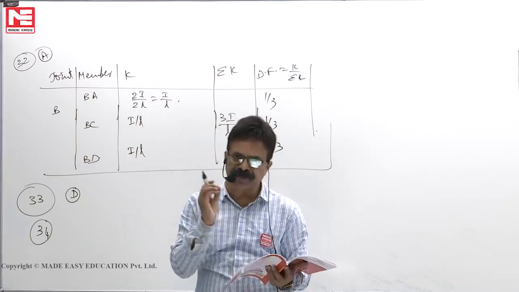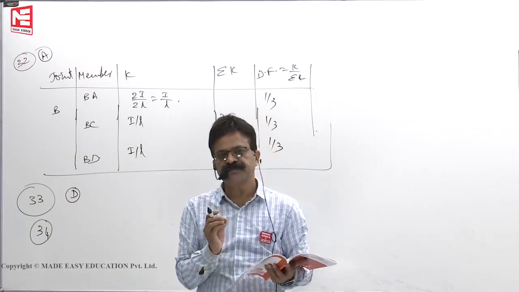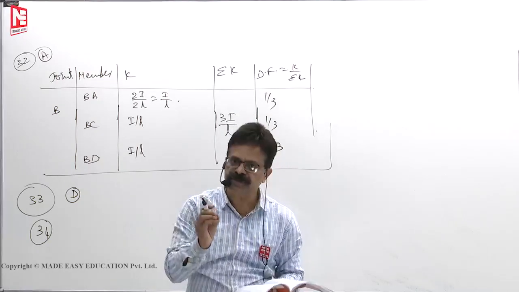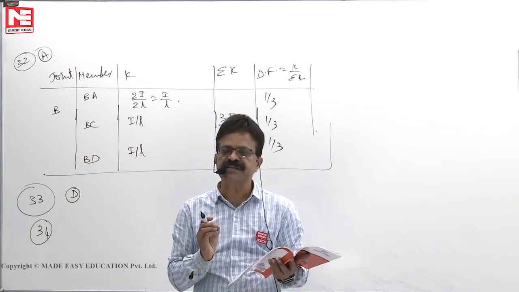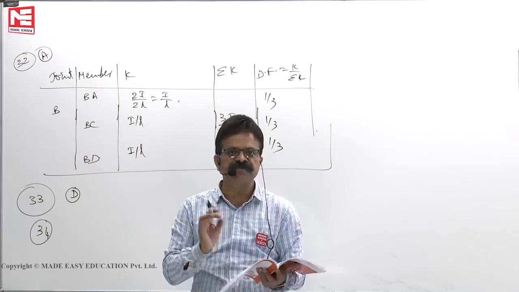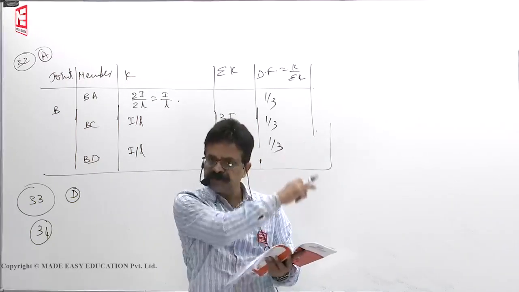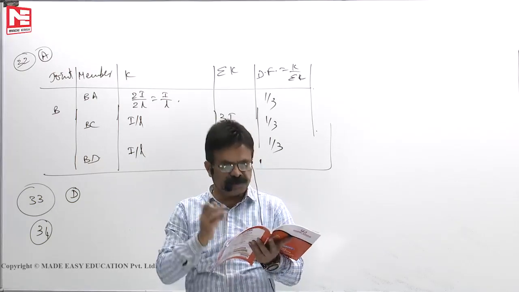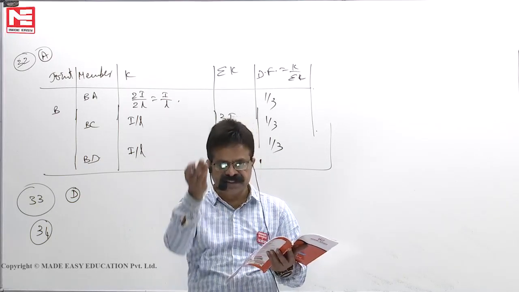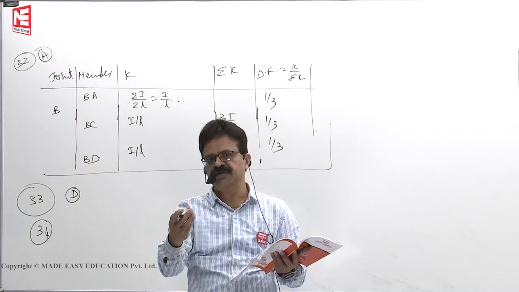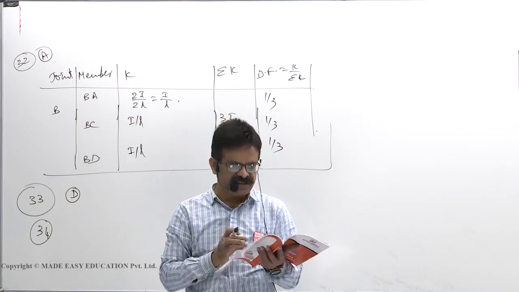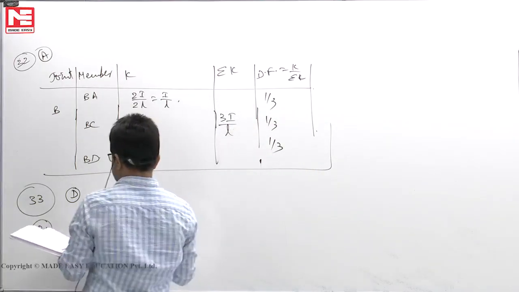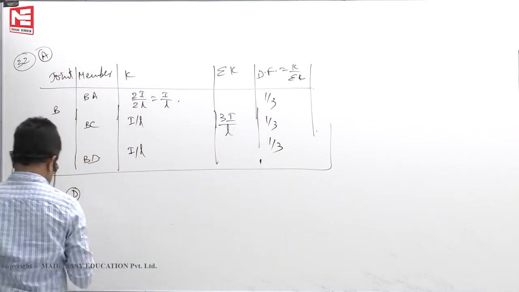So from the principle of minimum strain energy, or the principle of least work, or the principle of minimum potential energy, you will get a set of compatibility conditions. That's what we have written in the energy methods chapter. Potential energy means loss of energy due to external loads, which is nothing but strain energy stored in the structure. So it gives you a set of compatibility conditions. So 34 is A.